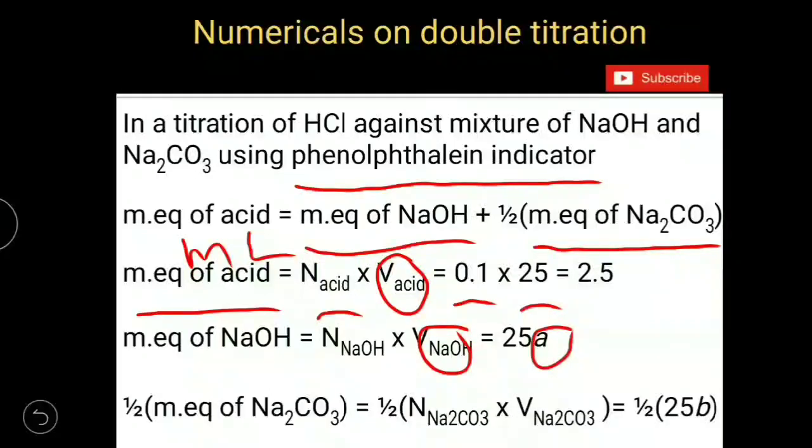Milli equivalents of sodium carbonate will be equal to its normality into volume in milliliters. Volume is given as 25 ml, but normality is not given. Let us consider the normality of sodium carbonate as B. So half of milli equivalents of sodium carbonate will be half of 25B, that means 12.5B.